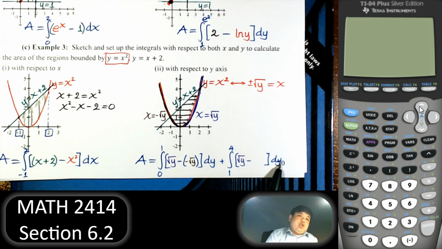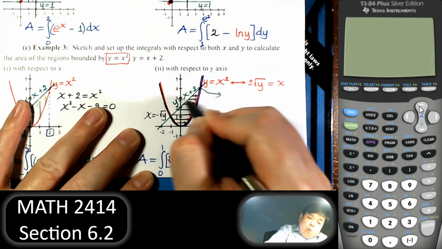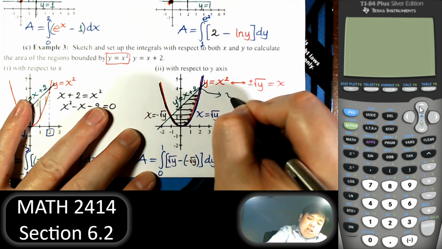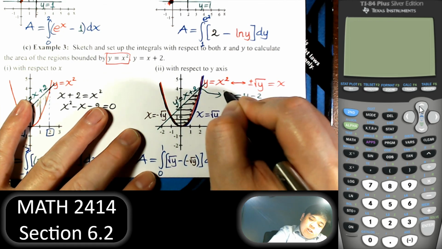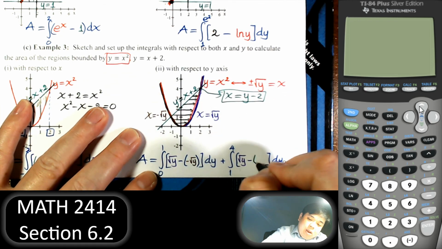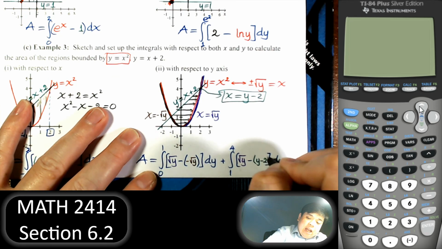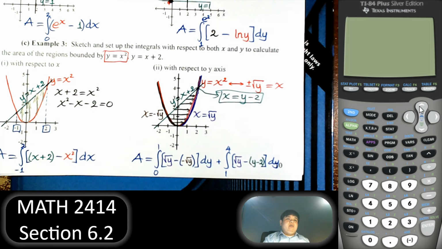Remember, it has to be in terms of y. So, simple enough. Y equal to x plus 2, so x equal to y minus 2, subtracting 2 on both sides. Remember, what we put in here for dy has to be in terms of y. Cannot put x there. Right, and with that, we finish section 6.2. Thank you for watching.